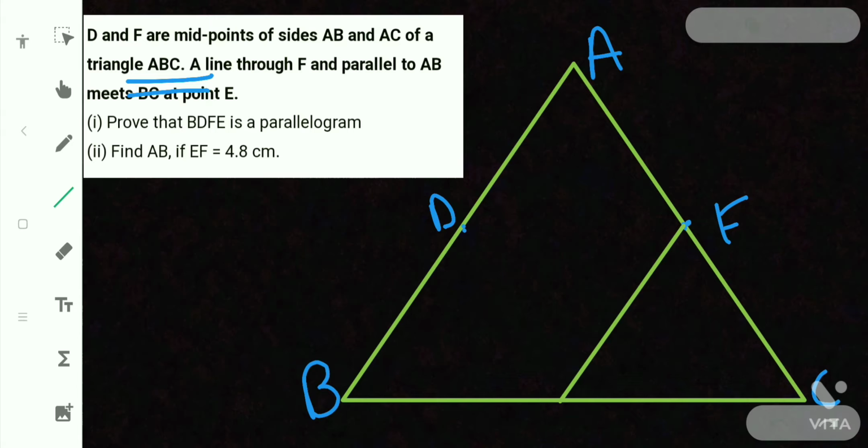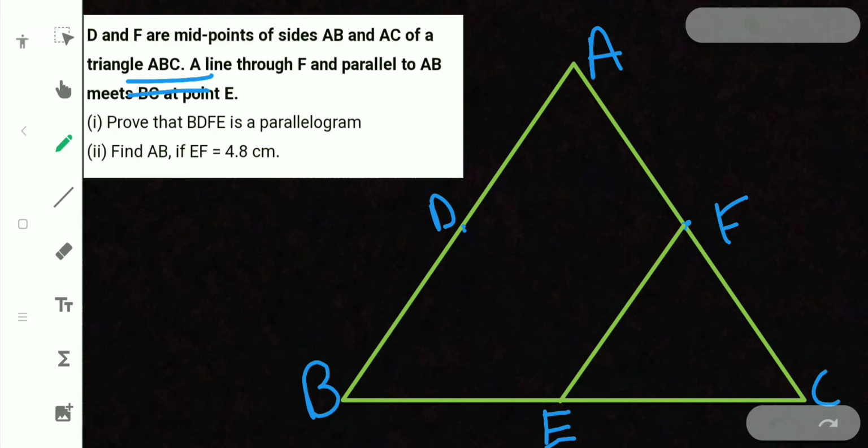It meets BC at a point, and this point is known as E, as said in the question.